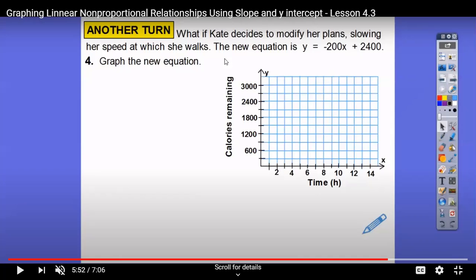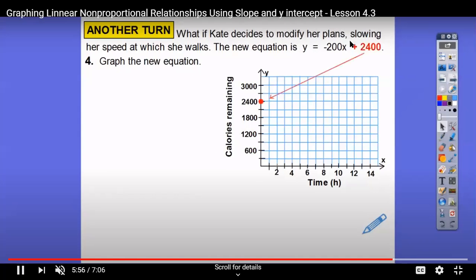Another question: what if Kate decided to modify her plans, slowing the speed at which she walks? The new equation is y equals negative 200x plus 2,400. Graph the new equation. We will start with the initial amount, which is the y-intercept, (0, 2,400).